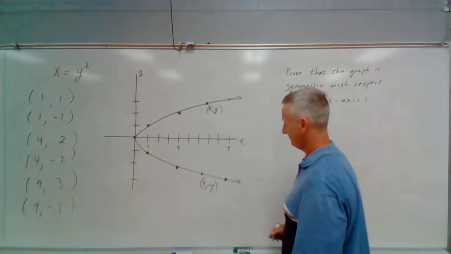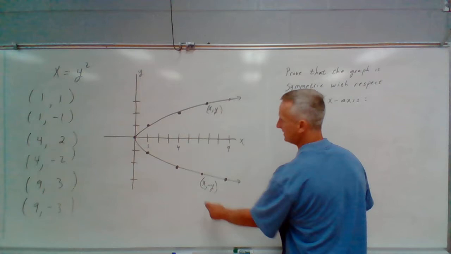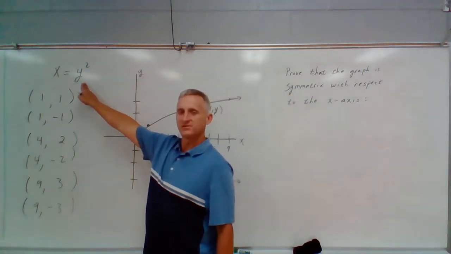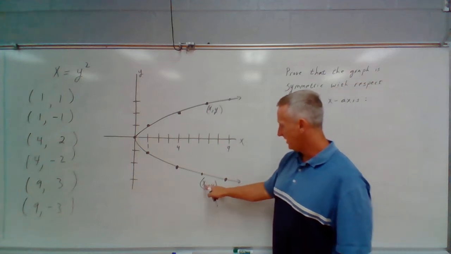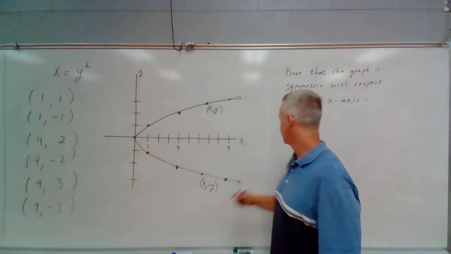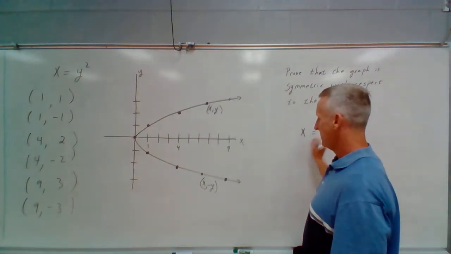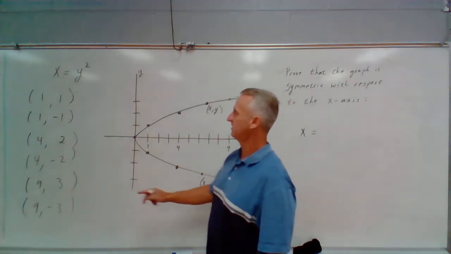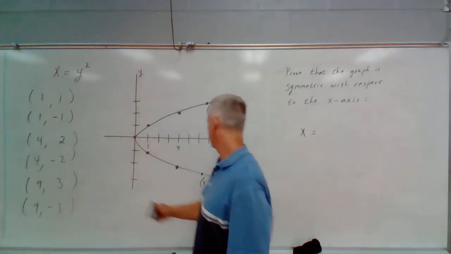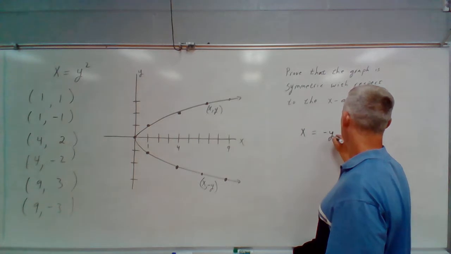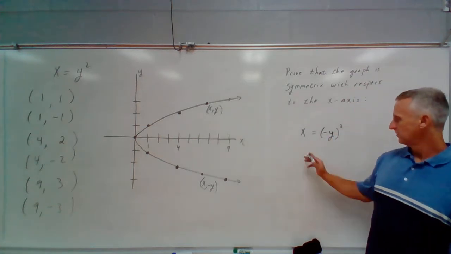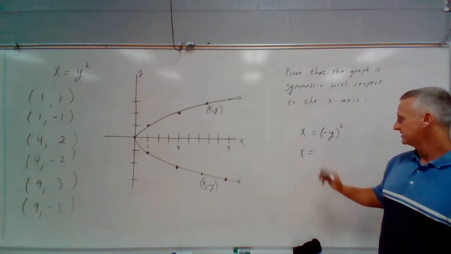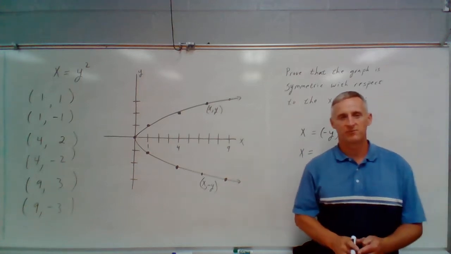So let's do that. If I put (x, -y) into this equation, what do we get? If I put x in for x, I'll just get x. If I put -y in for y, I'll get (-y) squared. Then I'll have x equals, well, what is (-y) squared?